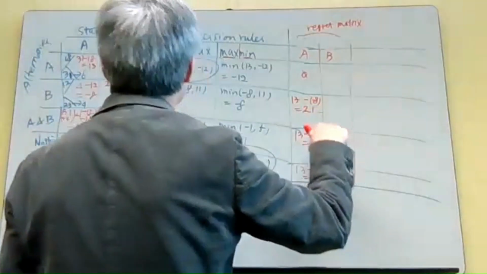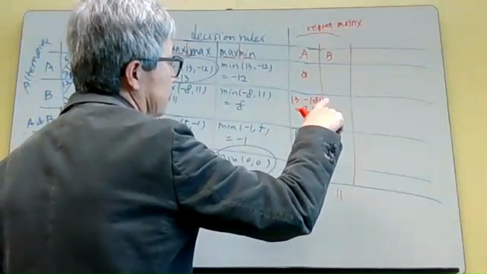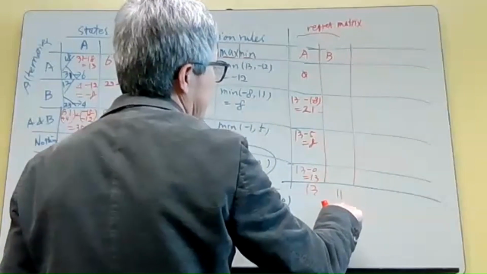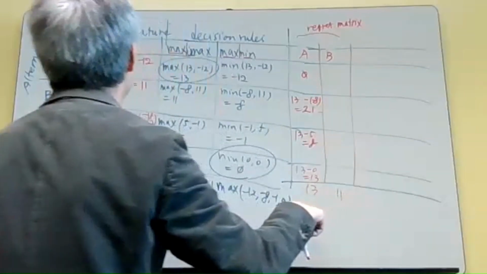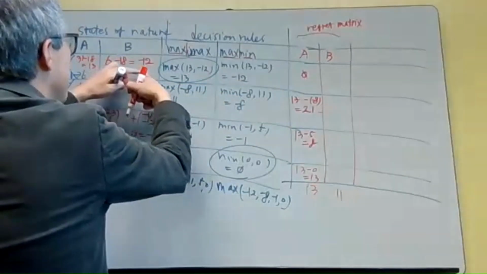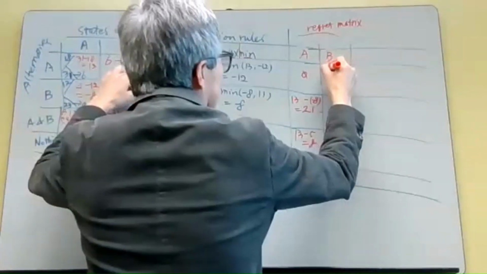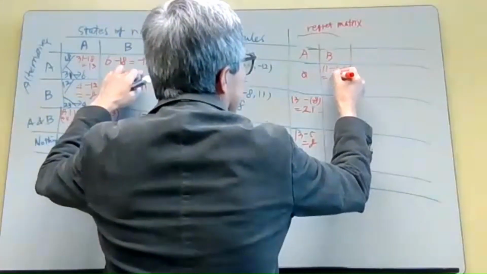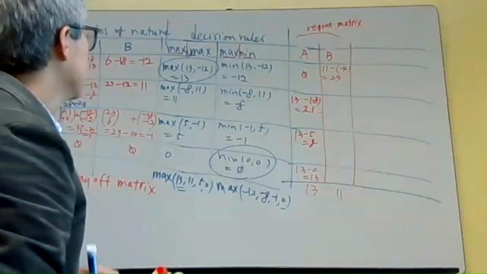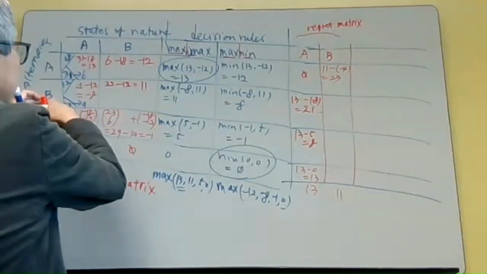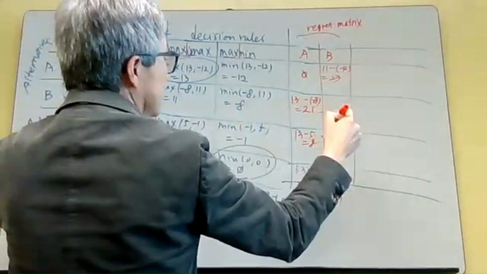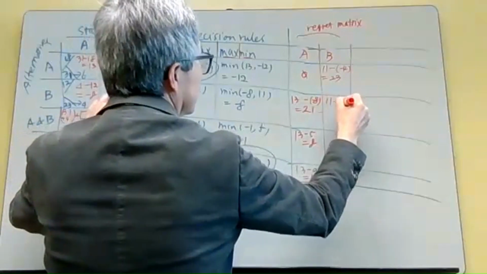Now let's take a look at the regret matrix on the state of nature B, the maximum payoff is 11 with that state. Now, if you go with alternative A, then your payoff is minus 12. So 11 minus minus 12 is 23. Now, let's take a look at alternative B on the same state of nature B. So 11 minus 11 equals 0.